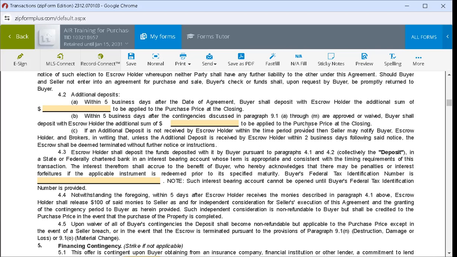So the only way that escrow can deposit that into an interest-bearing account on behalf of the buyer is that you provide the buyer's federal tax identification. So I recommend that you put that up top so there's no delay in them establishing that account for your buyer. So please, if you're working with an escrow company, they should know this, but if they don't, I always highlight the paragraphs in an email, because there's a couple of them they're going to need to be watching for.